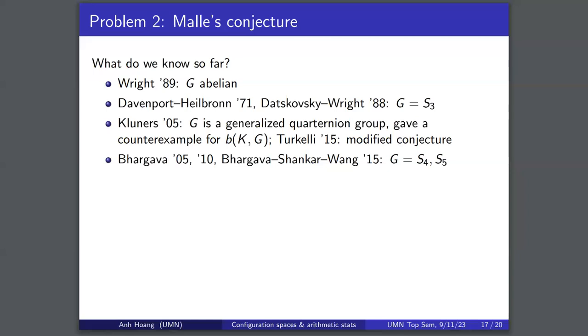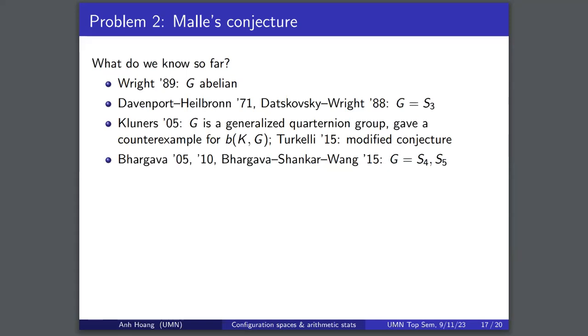And then more recently, Bhargava and Shankar and Wang proved it for G equal to S4 and S3, those symmetric groups. And one thing I should have mentioned is that everything we talk about applies equally well to number fields, which are finite extensions of Q, but also to function fields, which are finite extensions of the field of rational functions F_q(t).